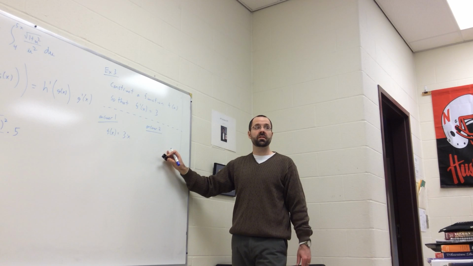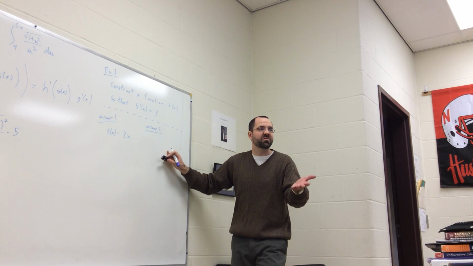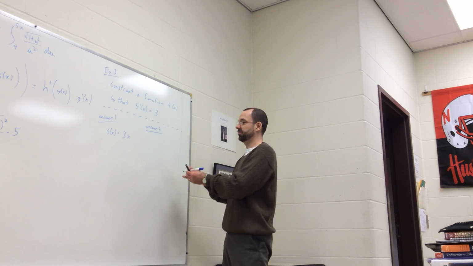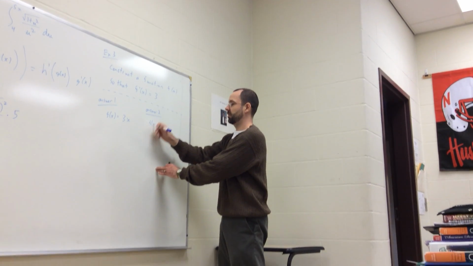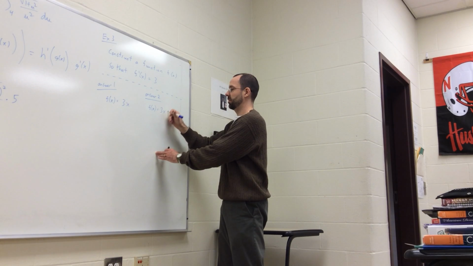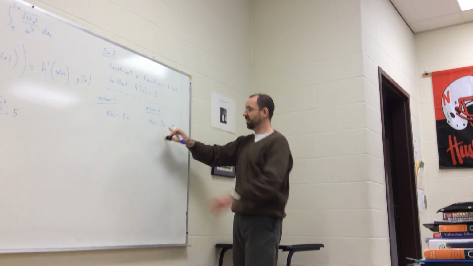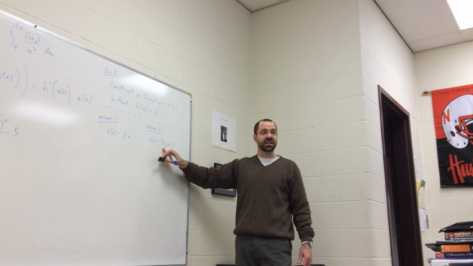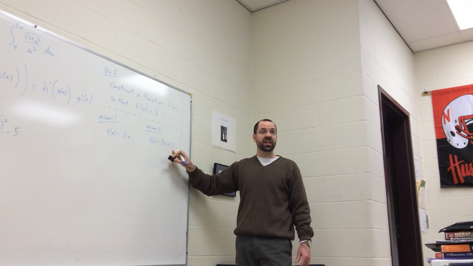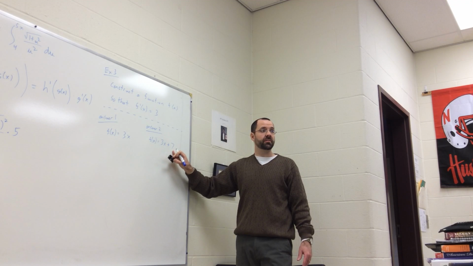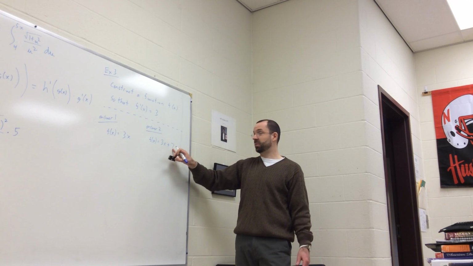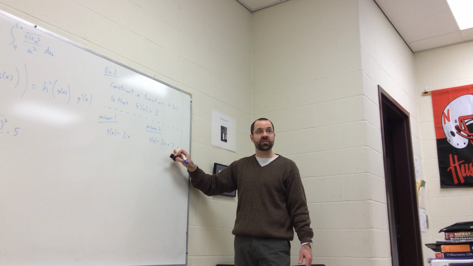What's another possibility? Yeah, Zach? 3x plus 7, or 3x plus anything, right? Because if you take the derivative of 3x, you get 3, and if you take the derivative of 7, you get 0. So then the derivative is 3, right? And Zach was pointing out that that could be anything, right? It could be 3x plus 1,000. Everybody good?